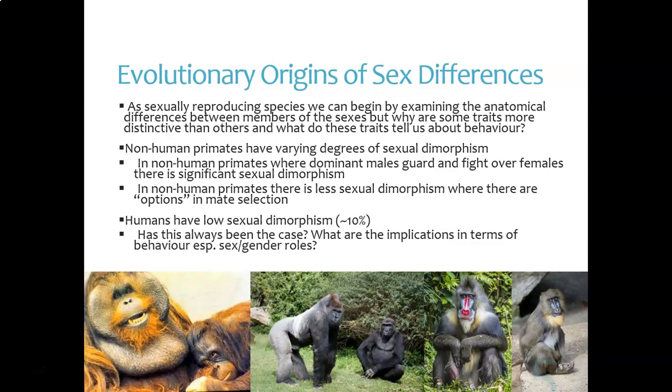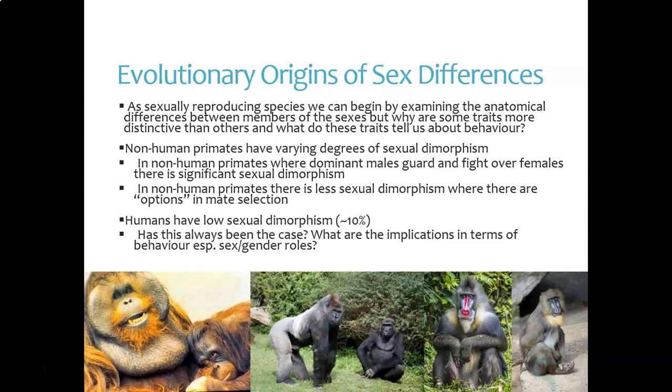So there seems to be some sort of evolutionary, selective, adaptive advantage to low sexual dimorphism for humans, right? And so we have to think about then what the implications of this are, right? Why are there reasons for this? And again, we don't have time to get into this in this course, but it's just something to think about, right? So, well, why is there less sexual dimorphism than in other primates?